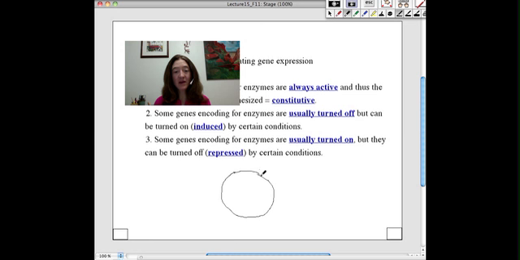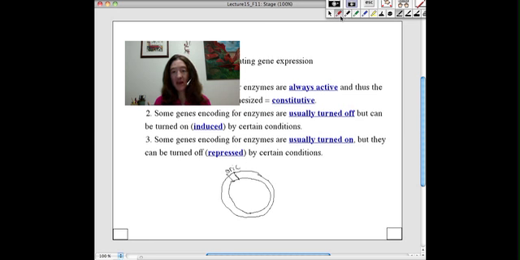And remember that pGLO had a little bit of both going on. It had some constitutively expressed genes, and it had one that was inducible. So there's the ORI that we talked about, the origin of replication.